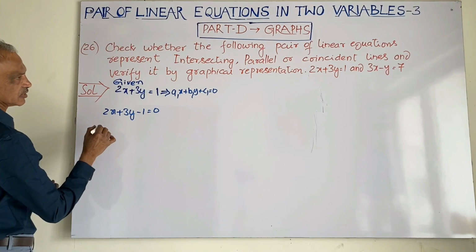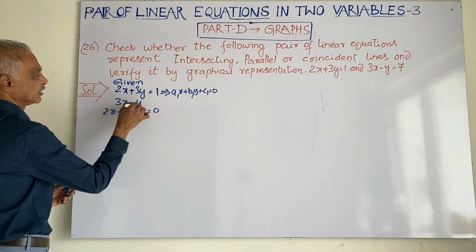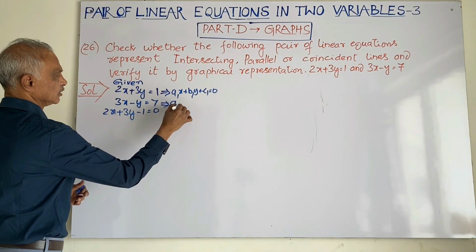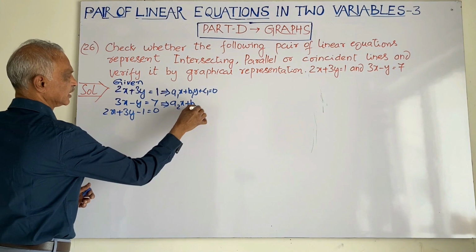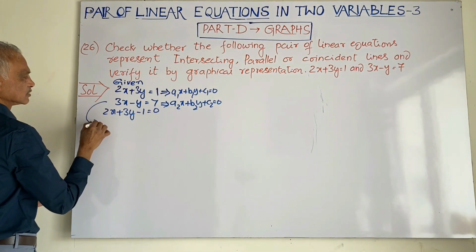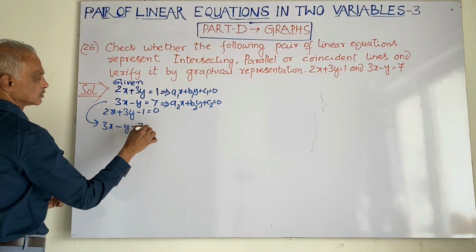Another equation, 3x minus y is equal to 7, is nothing but a2x plus b2y plus c2 is equal to 0. This can be written as 3x minus y minus 7 is equal to 0.